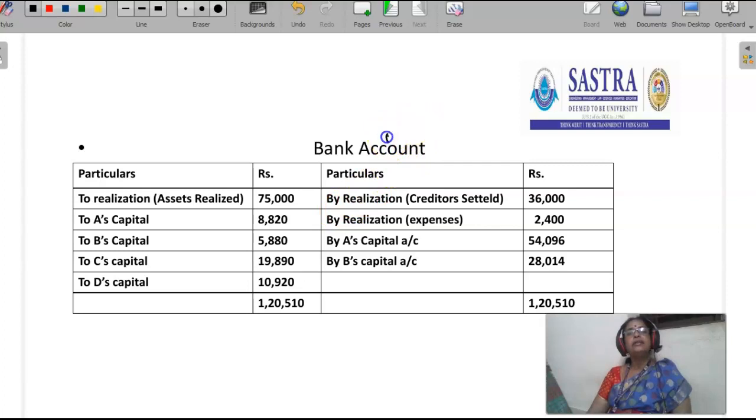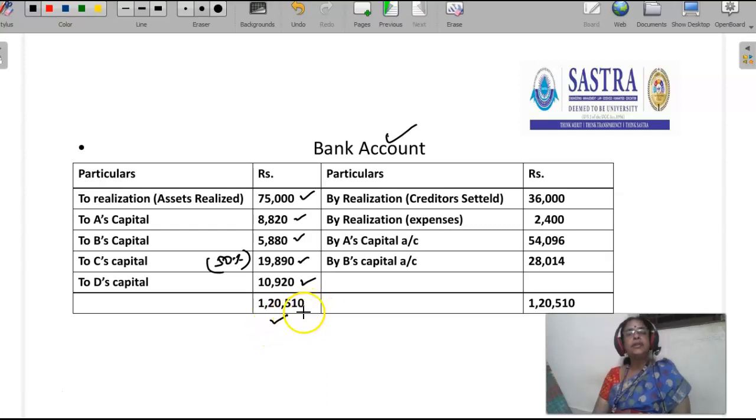Then the last step, we have to prepare the bank account. Assets realized 75,000. A brings 8,820 for realization loss. B brings 5,880. C brings 19,890, 50 percent. The amount recovered from D is 10,920. So the total is 1,20,510.